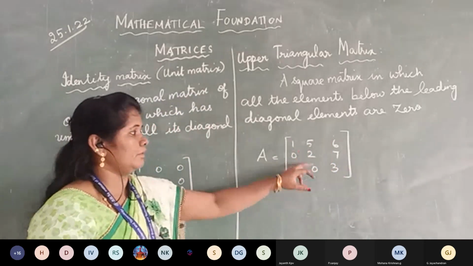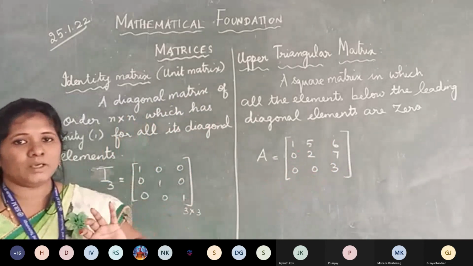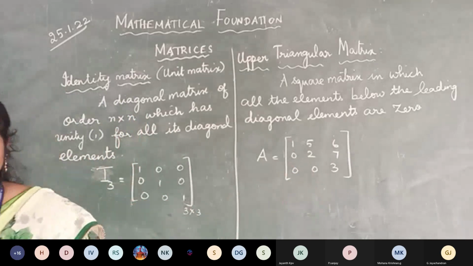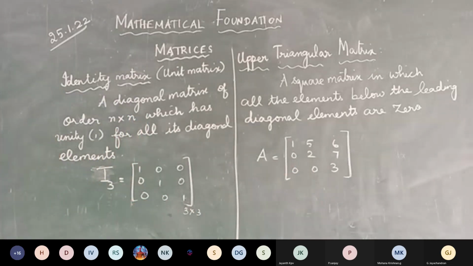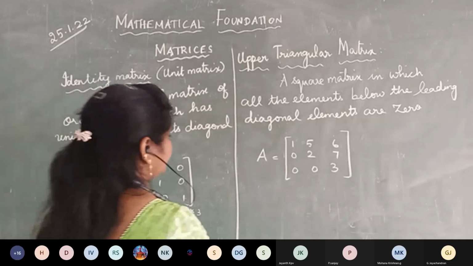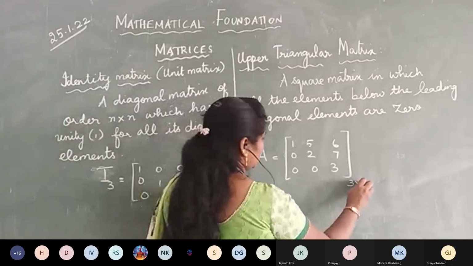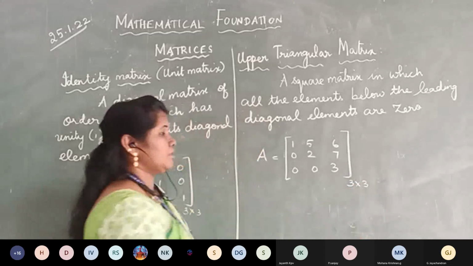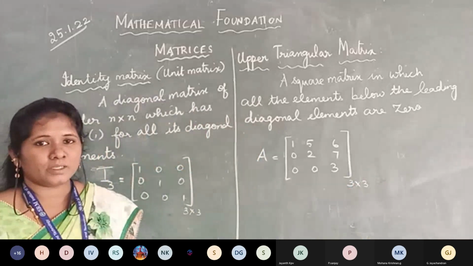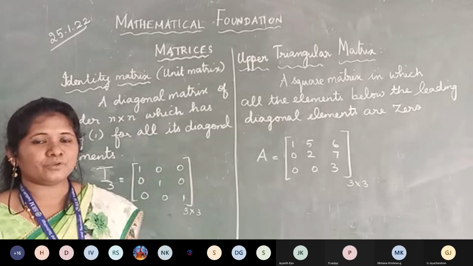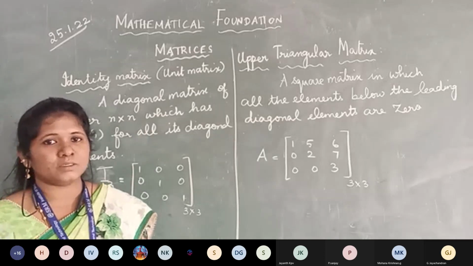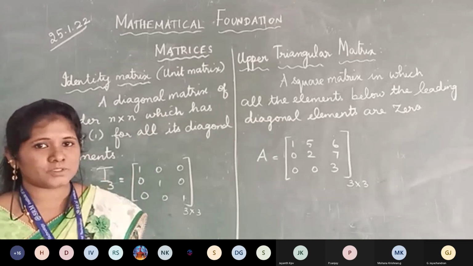Your below region elements have to be 0. Then it is called an upper triangular matrix. Always write your order here. So this is the 3 cross 3. How do you write your order? You have to write first how many rows into how many columns.